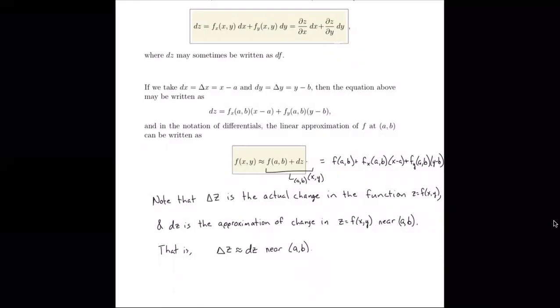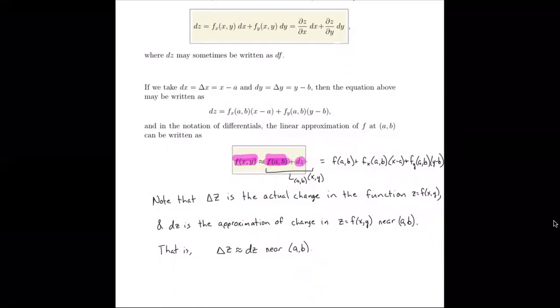All we have to do in this situation is realize that f of (x, y) is approximately, for (x, y) near the point (a, b), the value of the function at (a, b) plus dz.